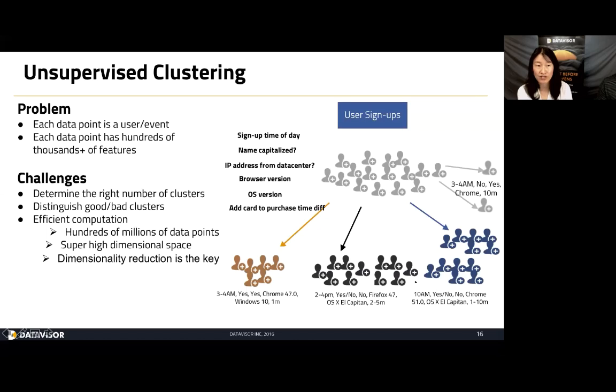The challenge of this approach is that we need to determine the right number of clusters, and we also need to distinguish good clusters from bad clusters. Most importantly, clustering algorithms work pretty well on small amounts of data. When there are hundreds of millions of data points in a super high-dimensional space, how do we efficiently process this data to identify the suspicious clusters? For that, dimensionality reduction is the key.